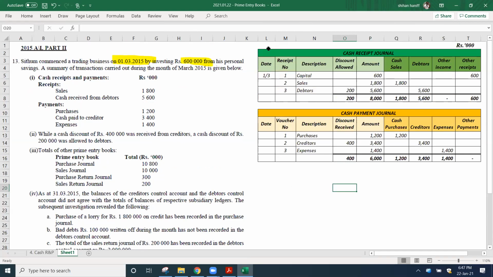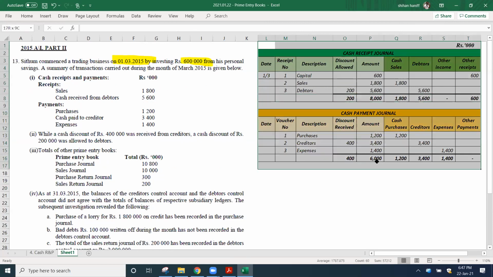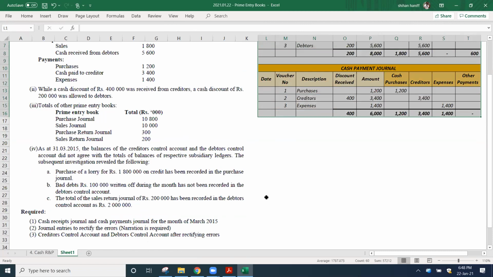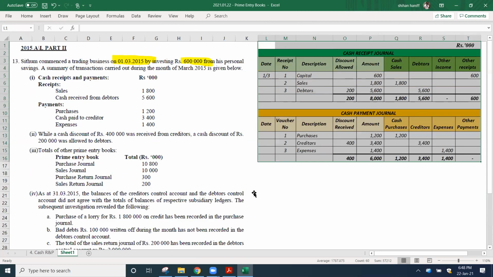Okay. So this is cash receipt journal and cash payment journal. Now let's do the journal entries to rectify the errors. Narration is required. And if you don't write the narration, they will reduce marks. Okay, now let's draw a journal, a general journal.